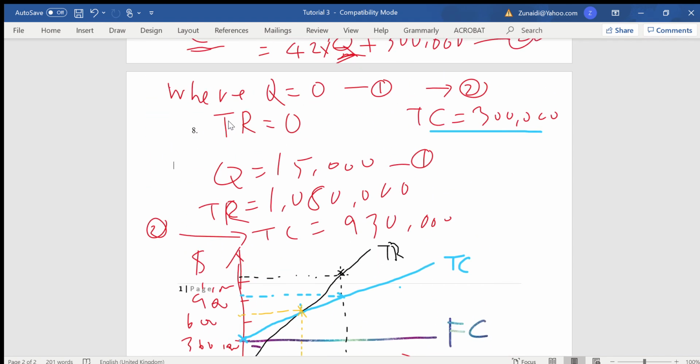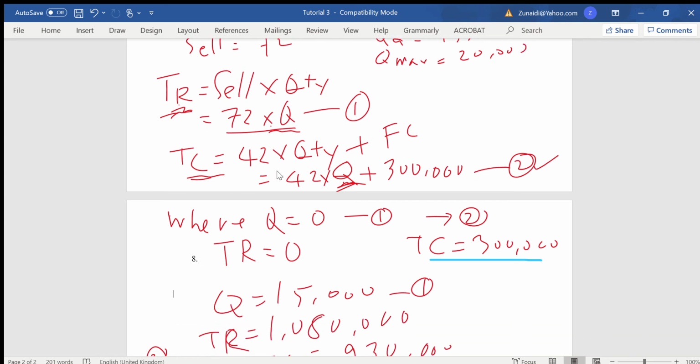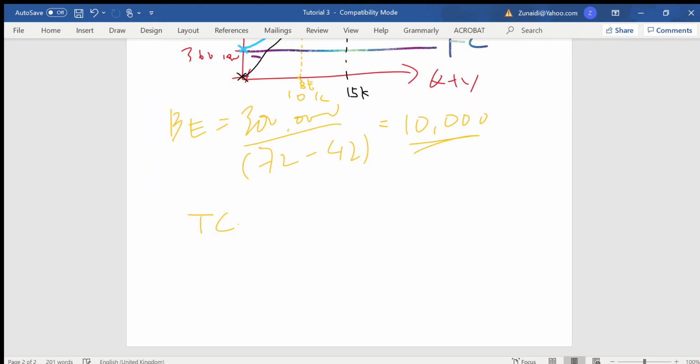If we use number 1 equation here, we have TR equals 72 multiplied by Q. So 72 multiplied by the quantity. So we can get this is a break-even cost. So they call it break-even cost.